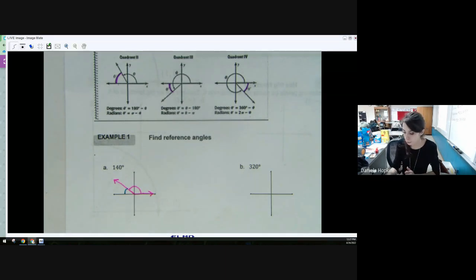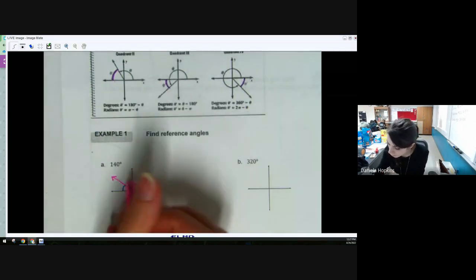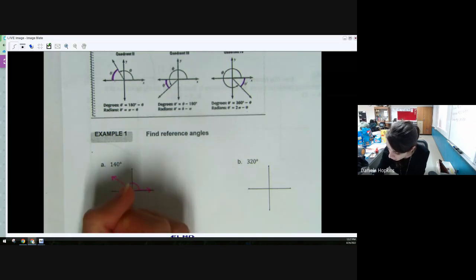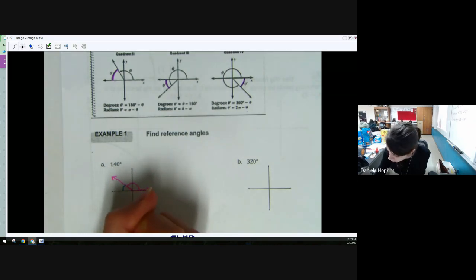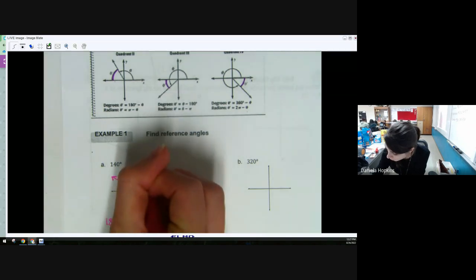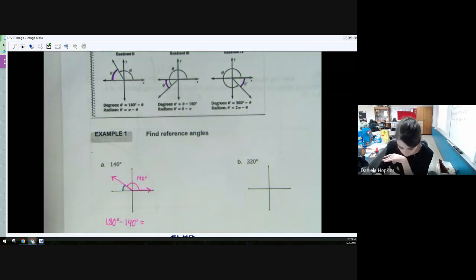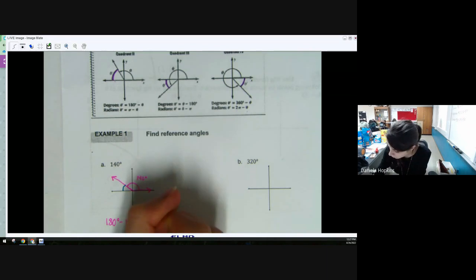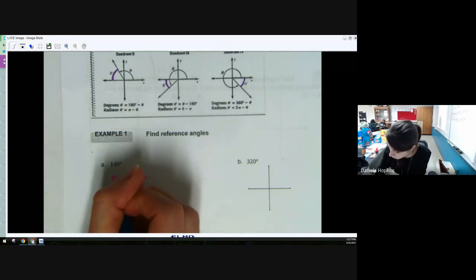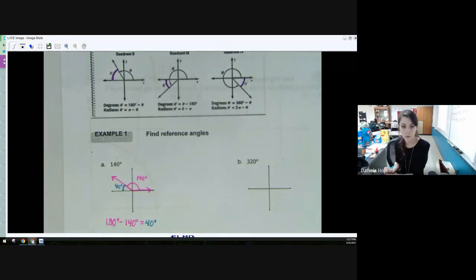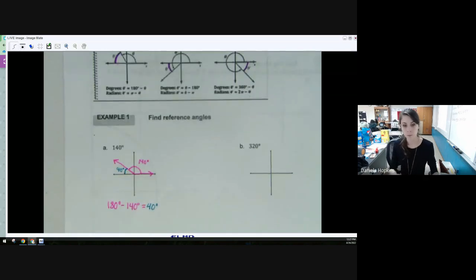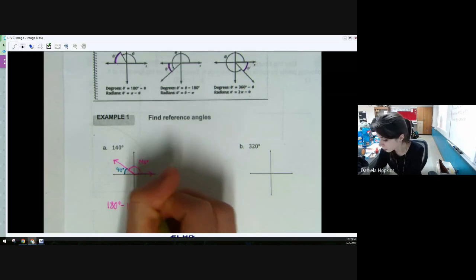Since I ended up in quadrant 2, I would just do 180 minus my given theta, which is 140 degrees, and I end up with a reference angle of 40 degrees. So our reference angle for 140 degrees would be 40 degrees.